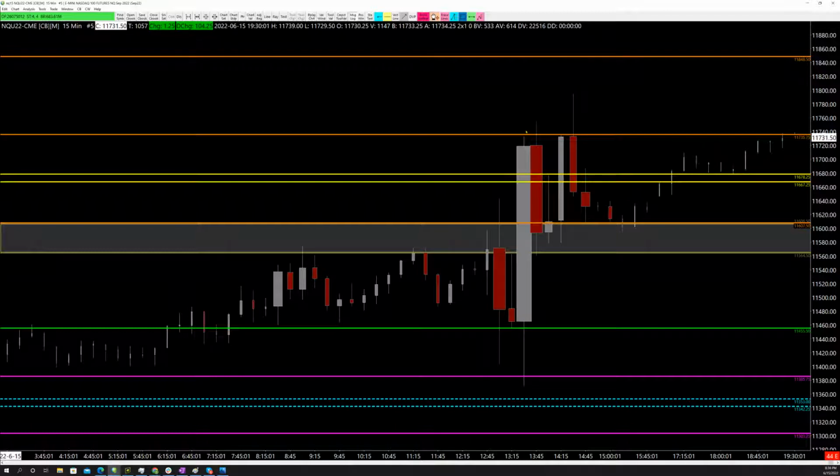And that's the key. If I just traded the level, right, I would just take that level and get stopped, but I'm not. Let me show you. See that 11,731.50 area? This is a key, that 11,740, right?